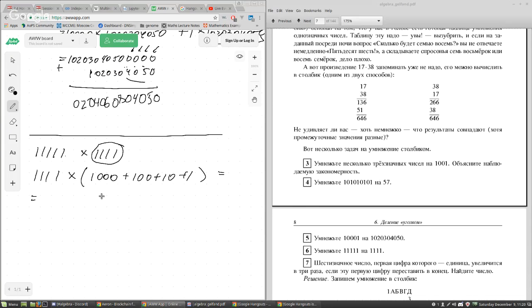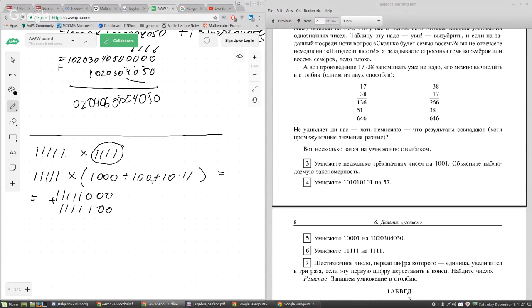Okay, so now we use the distributive property. Multiplying by 1,000 says attach 3 zeros at the end. So 1, 1, 1, 1, 1 with 3 zeros, plus, well, multiplying by 100 says attach 2 zeros at the end. So 2 zeros at the end, and then 1, 2, 3, 4, 5 ones.